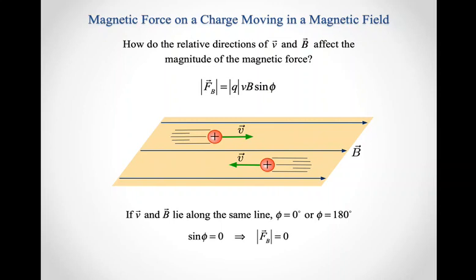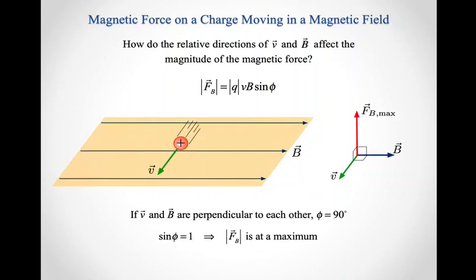The sine of either of those values, 0 or 180, is 0. And so this is a situation where no magnetic force will act on the charge. So if you have a charge that's moving along the field line, it will not feel a magnetic force.